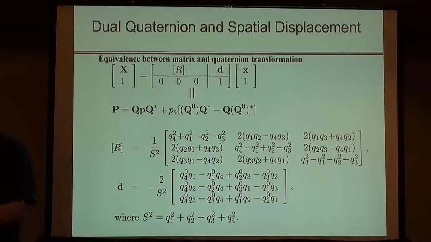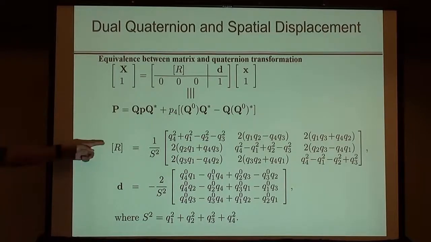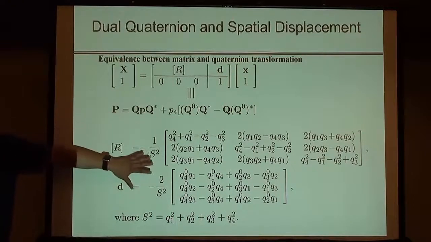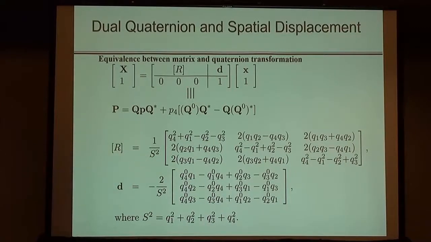We don't have to worry about making sure Q dot Q naught has to be equal to 0. Many people think that has to be true. No, it's not. That's the magic about this formulation, it makes motion interpolation very straightforward. Any questions about this?